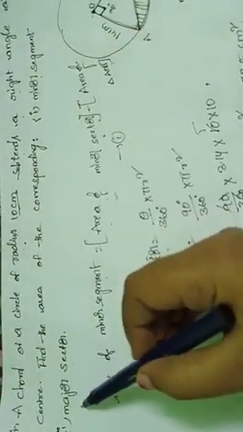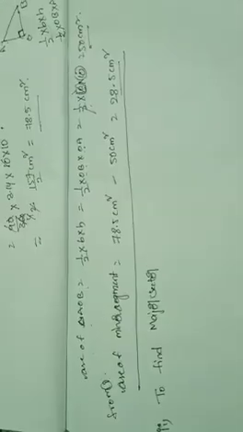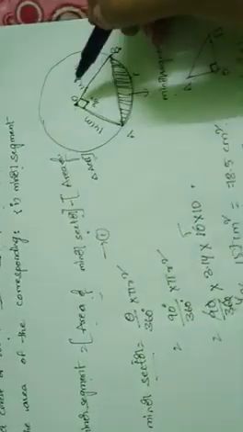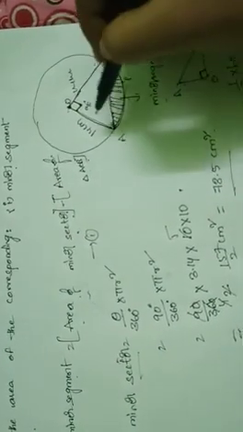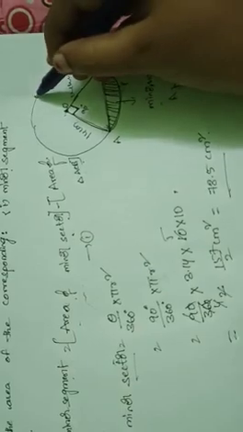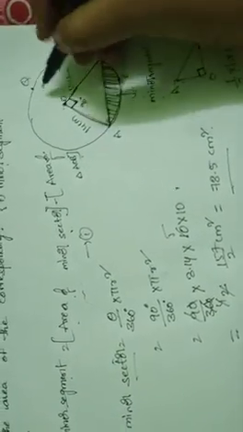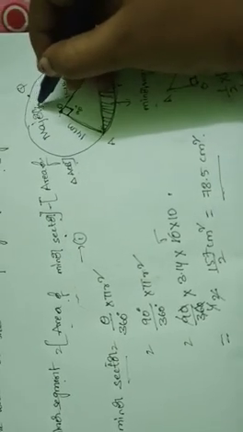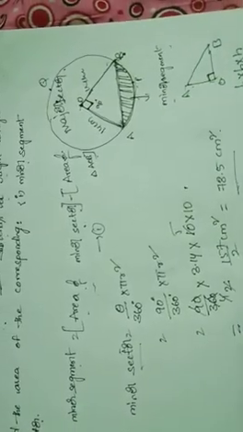Next, here we have to find major sector area. To find major sector, this OAPB is the minor sector. Remaining, let this point is Q. Here OAQB is major sector. Here we have to find major sector area.